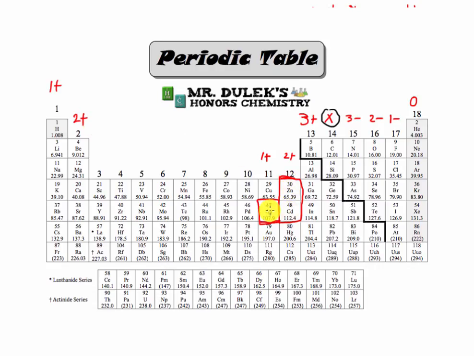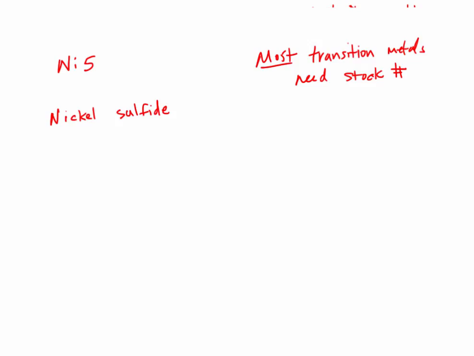Zinc, cadmium, and silver. No stock number for these three. Any other element that you use in here would require a stock number. So that's how you know. If it's a transition metal and it's not silver, zinc, or cadmium, which have no stock numbers, you are going to have to put a stock number in.